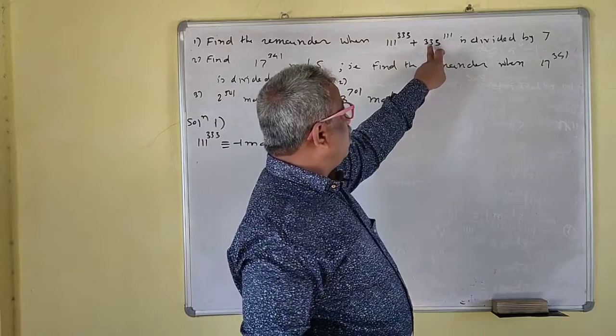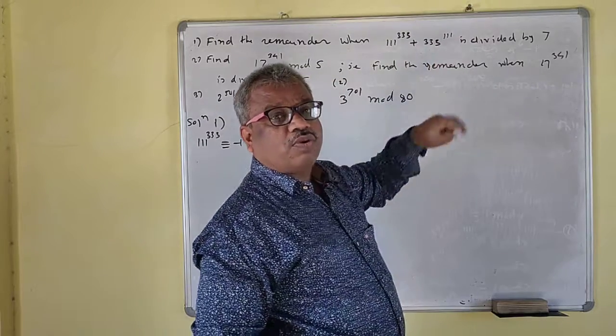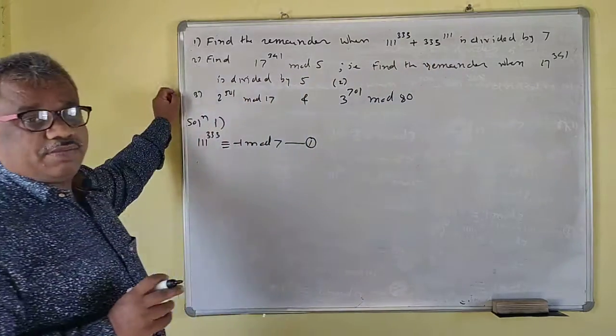Now I have to find the remainder when 333 to the power 111 is divided by 7.